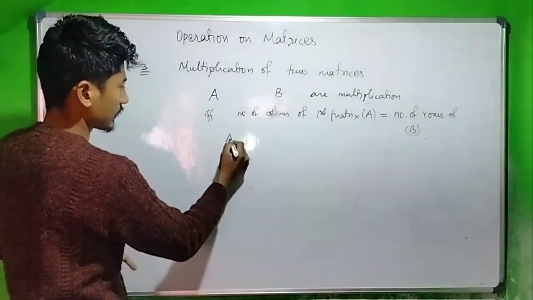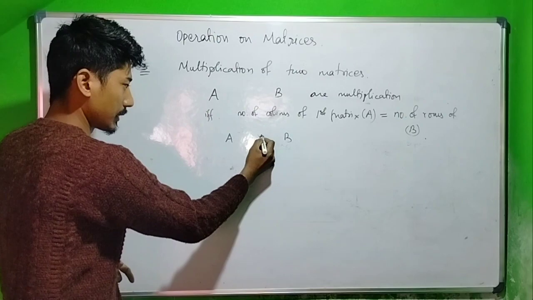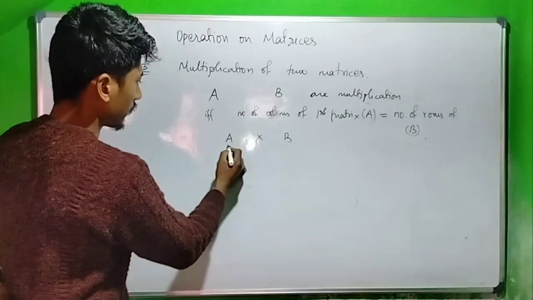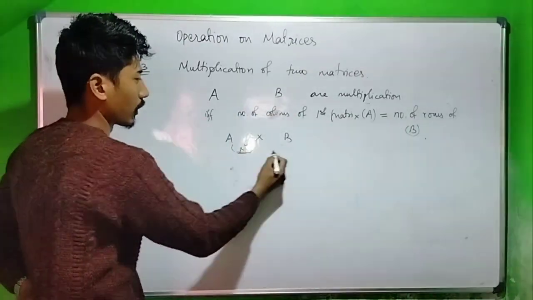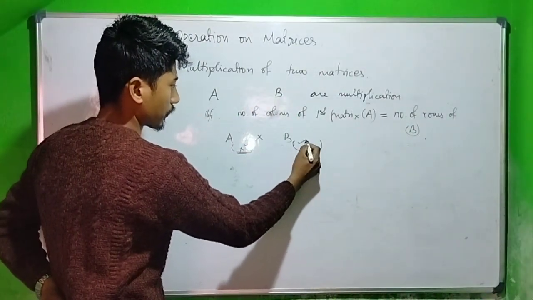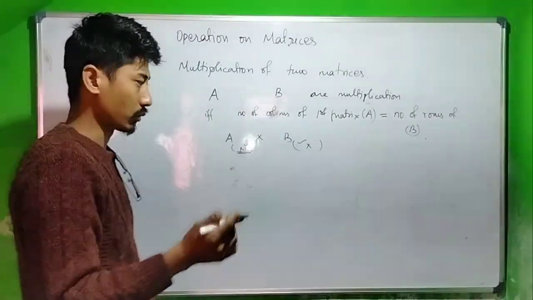That means matrix A and matrix B are multiplicable if and only if the number of columns of A and the number of rows of B are equal.